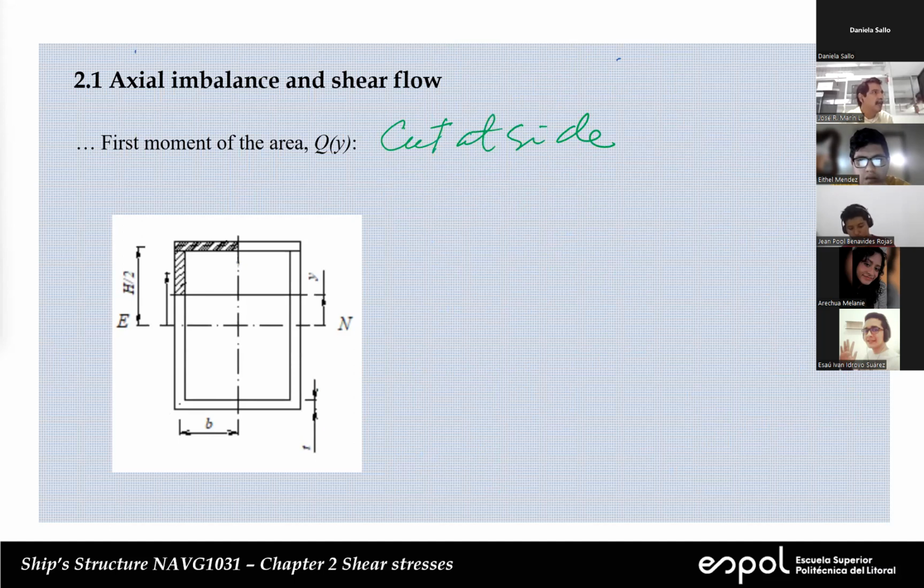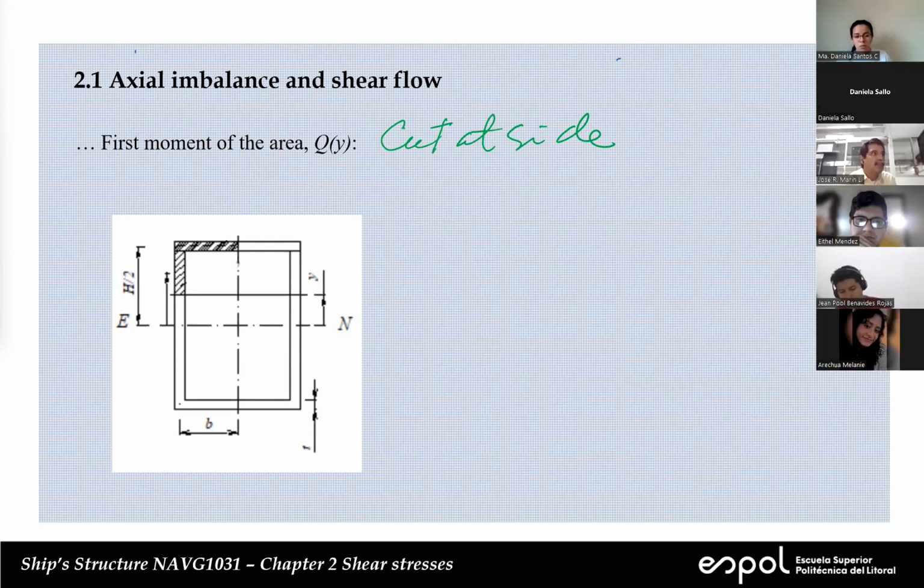See this cut at the side. So we'll make a cut here. Now, the distance from here to here is y, and we integrate from here all the way up to here. So all of this is the sector. This sector is composed of this vertical rectangle and half of the deck.